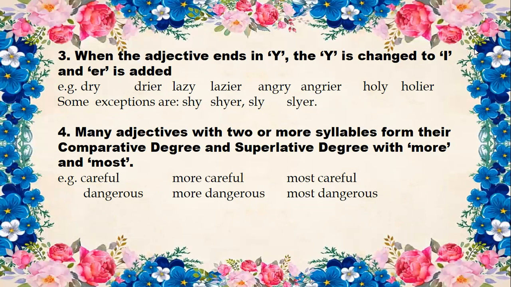Dangerous will become more dangerous, most dangerous. So these are the comparative degrees and superlative degrees where the word doesn't change. But in front of that, we write more for comparative degree. And when we have to write the superlative degree of that word, we write most in front of that. So this we have to keep in mind, children.